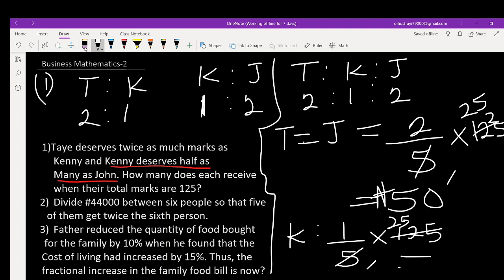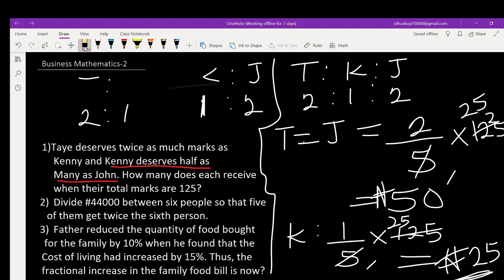So 1 times 25 gives you 25 naira. So Taiwo gets 50 naira, John gets 50 naira, Kenny gets 25 naira. Let's go to the next question.